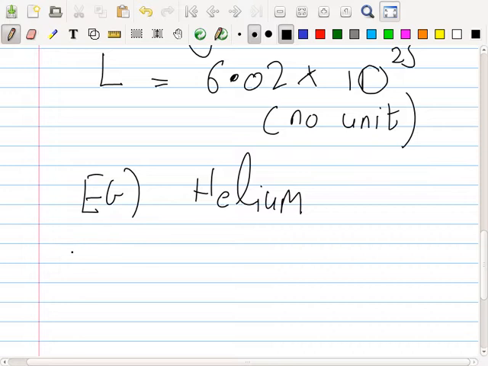What's the atomic number for helium? I think it's 2. This is what you do. For helium, 2 grams of helium will equal 1 L, number of atoms of helium.